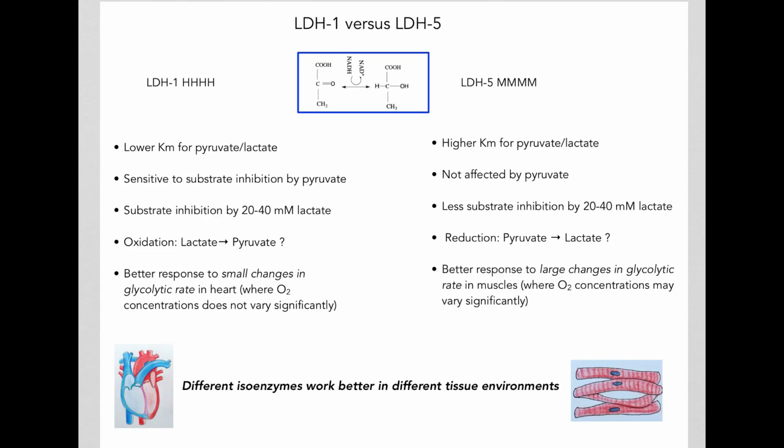In addition, LDH1 is also inhibited by high concentrations of lactate. However, there's much less substrate inhibition by lactate for LDH5. So these properties suggest that LDH1 is more suited for oxidation of lactate to pyruvate, while LDH5 is more suited for reduction of pyruvate to lactate.